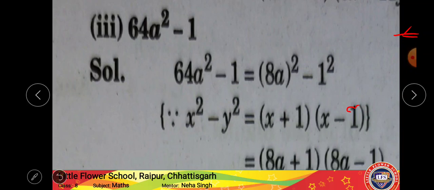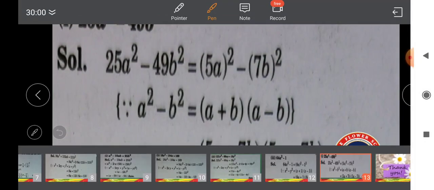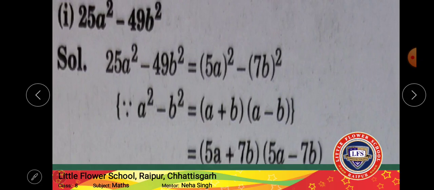So 8a square minus 1 square, again it has been converted into x square minus y square, which is x plus y, x minus y, right? See, if I am saying a plus b or a minus b and I am saying x plus y, x minus y, the method is same, right? The formula is same, only terms I am using different, with whose value you have to put down. Now, this first question I have already explained.